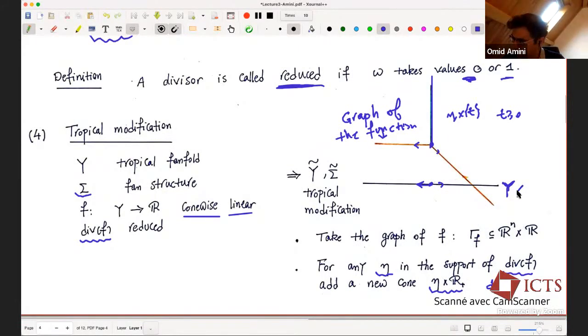So it means that you are in Y times R, which lives inside R^(n+1), which is R^n times R. The graph of the function gives you, for any y, a point which is (y, f(y)). Yeah. So in this example, the function is constant on this side, and it has slope -1 if you look at it on the other side. Okay, so this is the tropical modification.